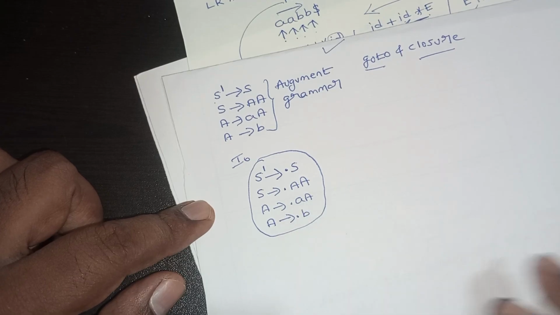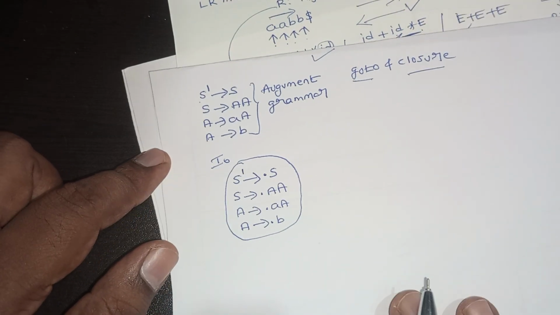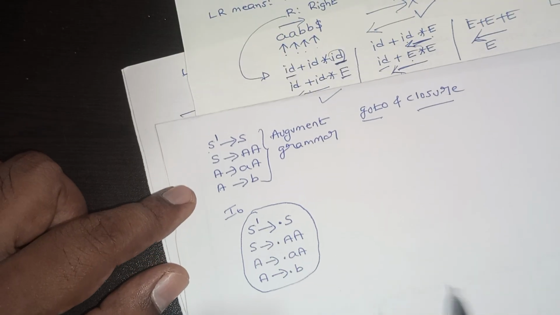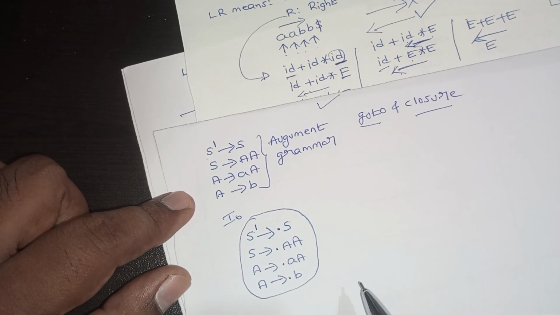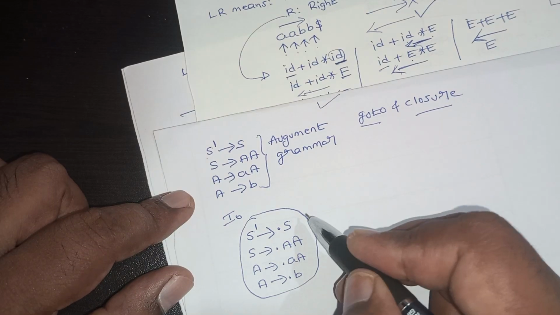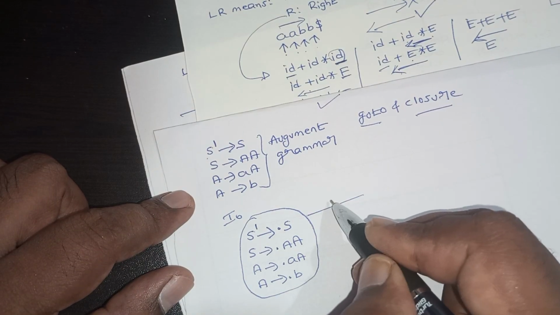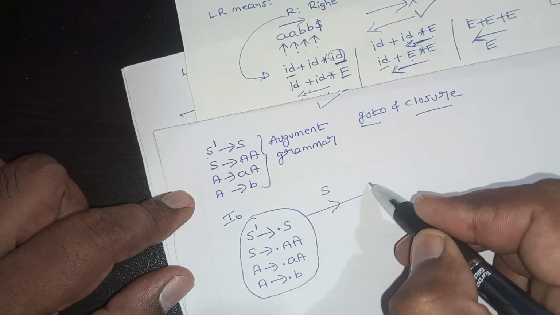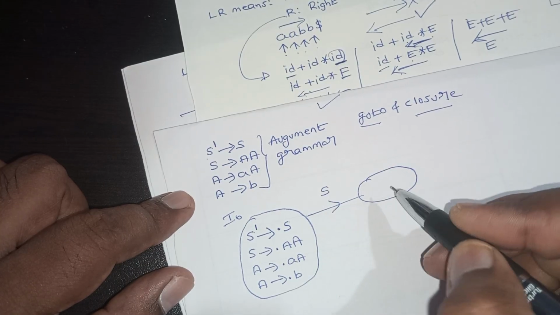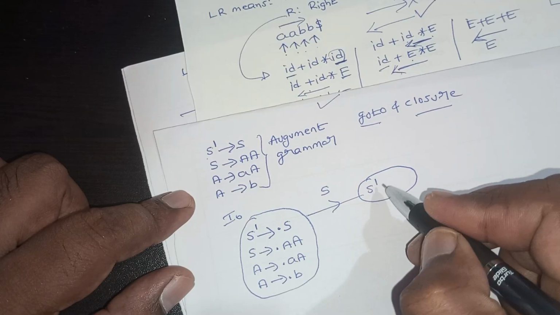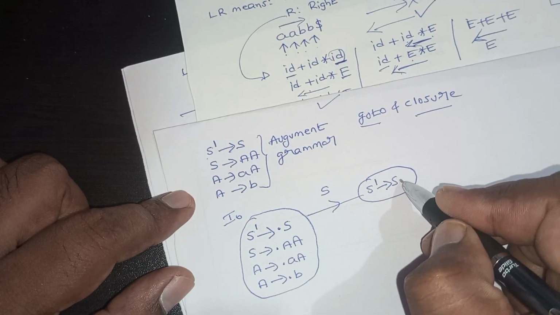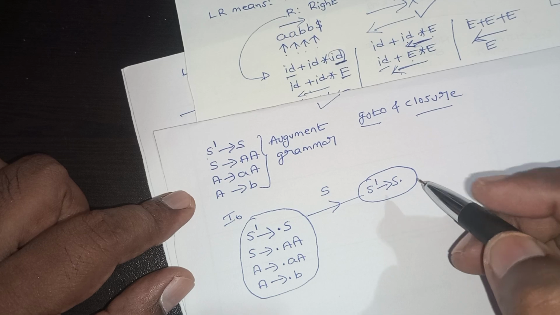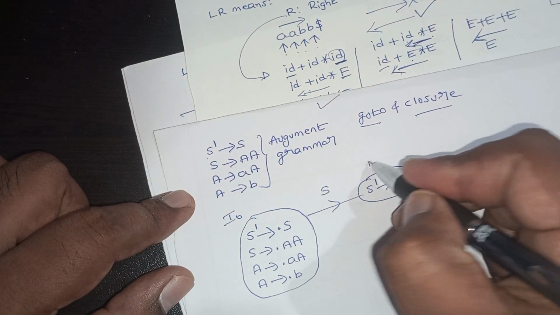Now you have to perform the goto operation. This is goto. S' tends to S dot, you name it as I1.